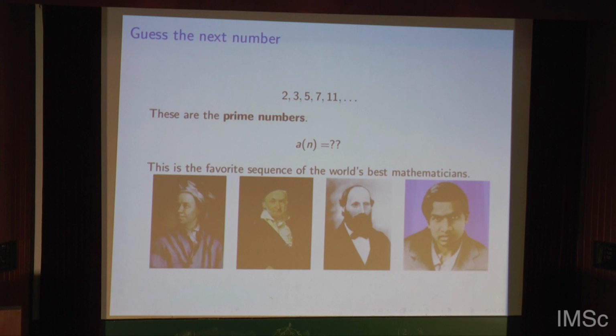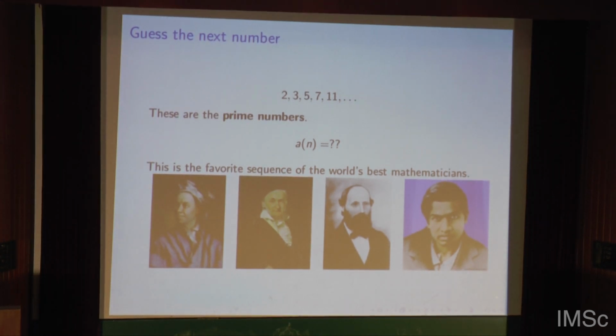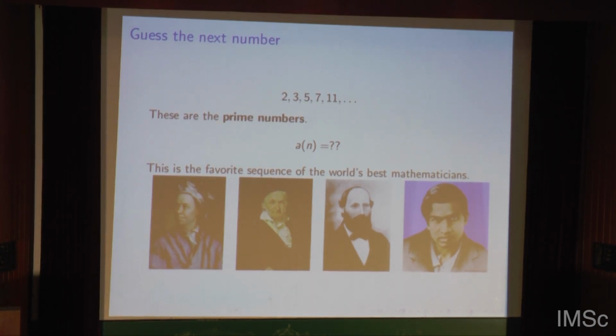These prime numbers, you can start writing them down, calculating the next prime number and so on. And it's very mysterious how they grow. There's no formula that we know, no simple formula. I can't write down a recurrence relation like the Fibonacci numbers. I can't write down a simple formula for the nth prime number.